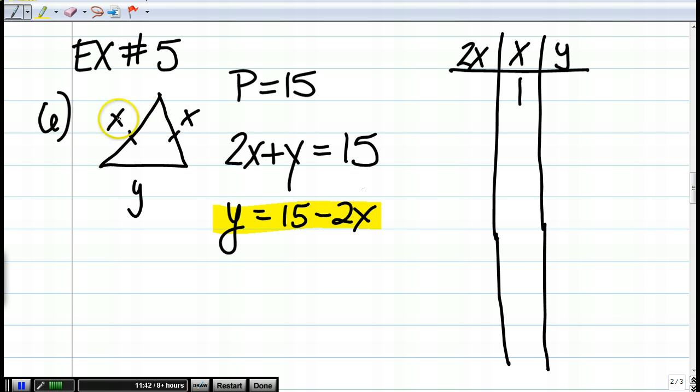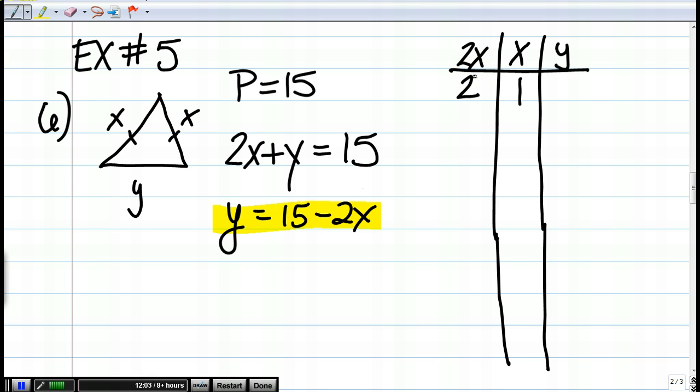So when I add these two together, it has to be bigger than y. So when I plug in 1 here, I know that 1 plus 1 is 2, so that's why I wrote 2x, because I'm going to times it by 2, so I add those two sides together.